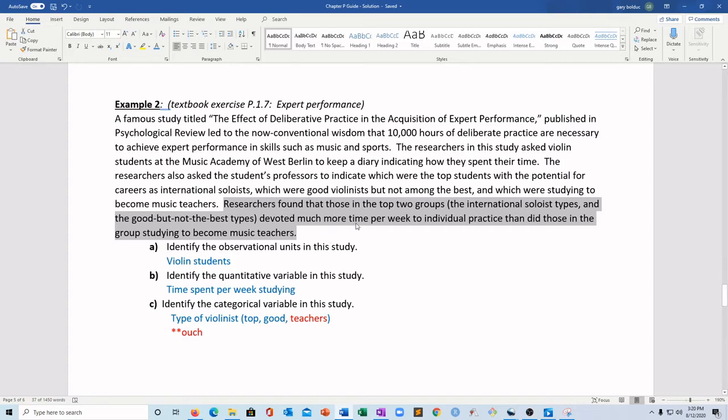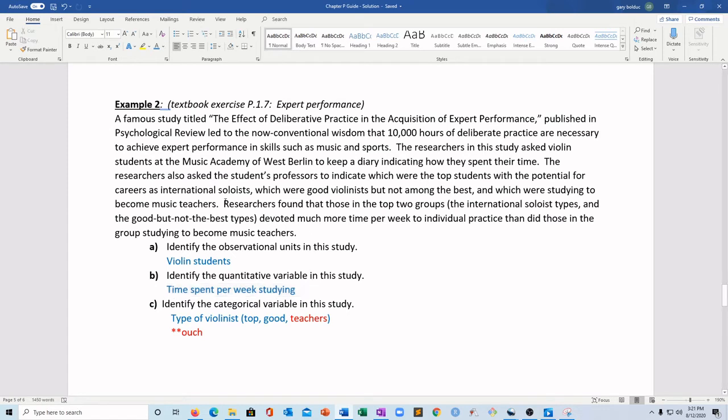So as soon as you see time, you should be thinking, oh, that sounds like something with numbers. So I specifically focus on this. They devoted more time per week to practice. That is a description of a violin student that uses a number. Boom, quantitative variable. The quantitative variable here is the time spent per week studying, because that's a way to describe information to describe the observational unit.